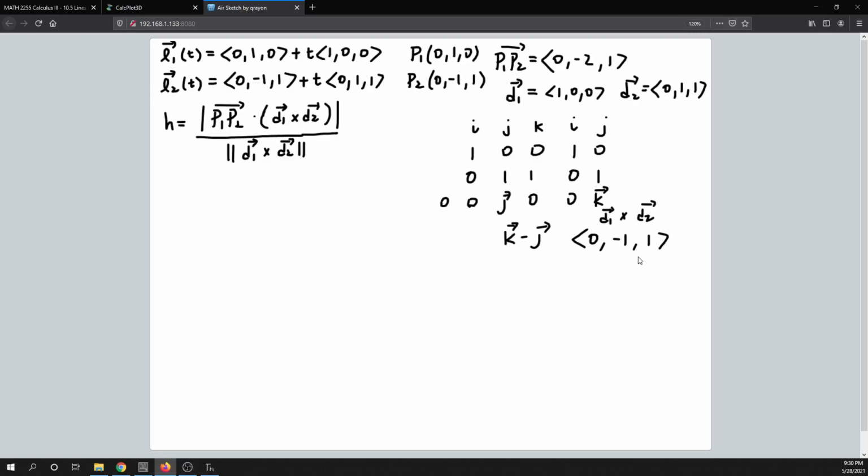And the magnitude of d1 cross d2 is 0 squared plus -1 squared plus 1 squared, which is the square root of 2. Now we are ready to go back over to our formula.